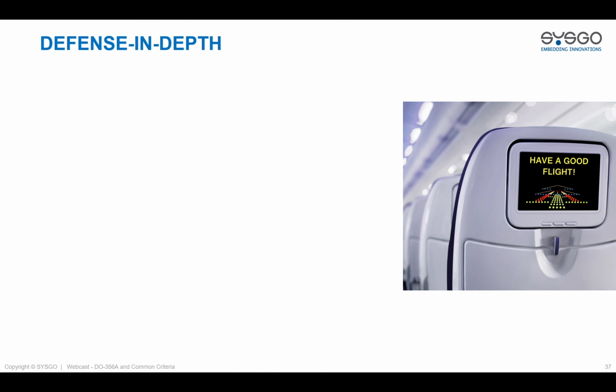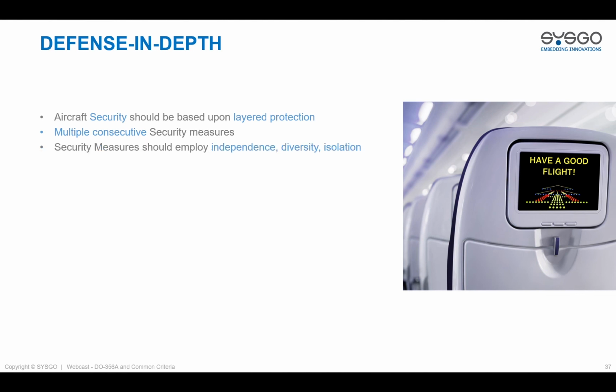Finally, the aircraft security should be based upon layered protection, which means that your security measures are consecutive and that there are multiple security measures. These security measures should employ independence, diversity, and isolation. You should avoid running your security measures in a monolithic OS with many lines of code, which could be easy to attack.